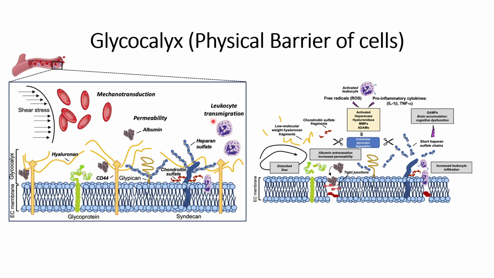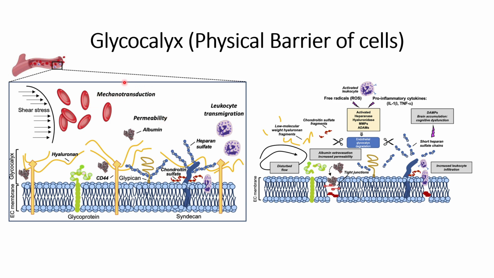At the same time, it also helps in leukocyte migration that we have discussed in one of our previous videos about these selectins, P selectins and E selectins, and how they work. These selectins are part of the glycocalyx layer, and that helps in the intravasation of the white blood cells or leukocytes at the site of injury.